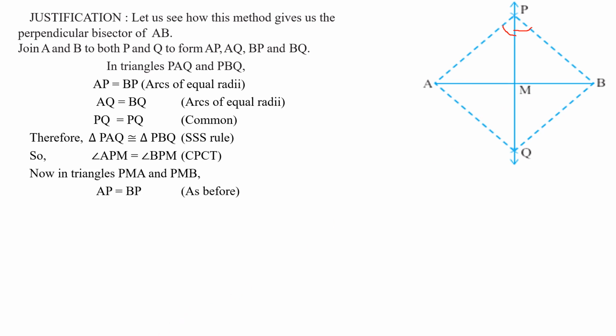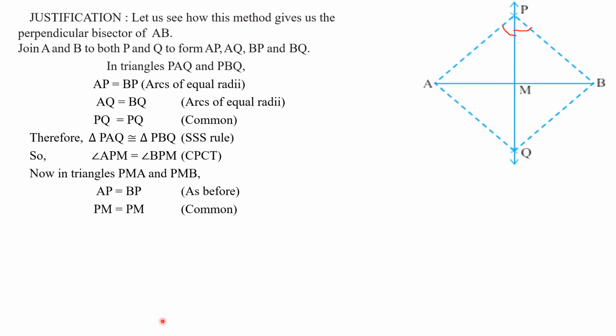AP is equal to BP, because previously we have taken arcs of equal radii as before. Understood this step? PM is equal to PM, that is a common side. In these two triangles, PM is a common side.